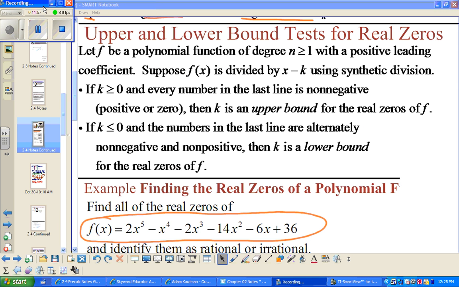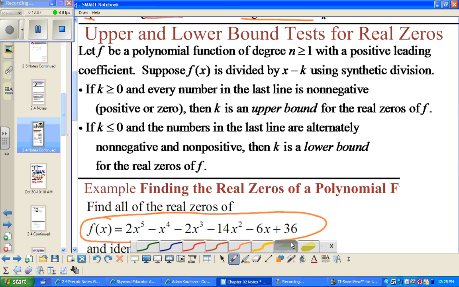I just want to briefly mention the upper and lower bound tests for real zeros. Basically what it says is, if you look at a range on your calculator, you see the function, you see where you think the zeros are.